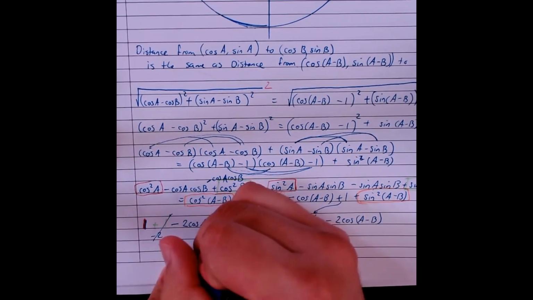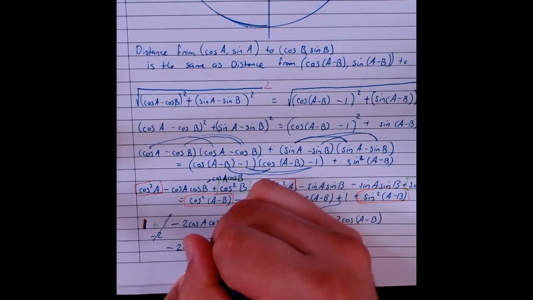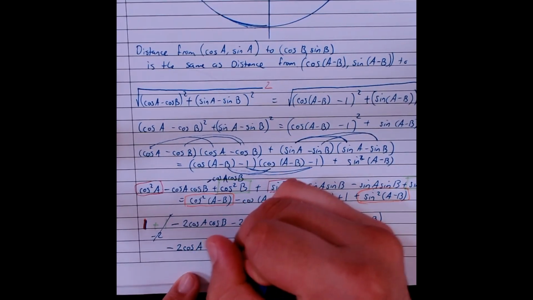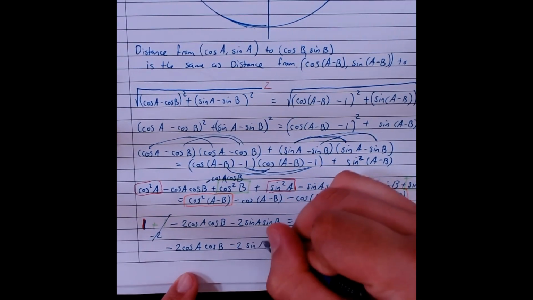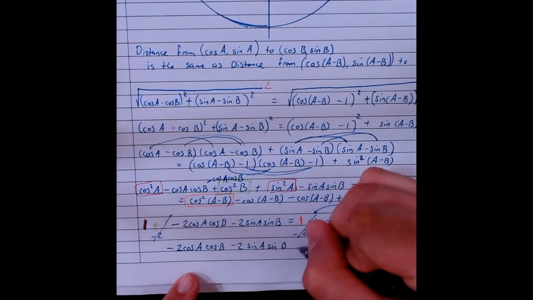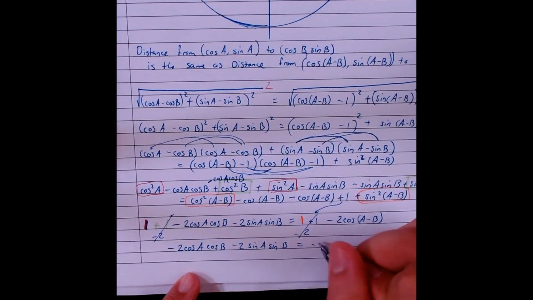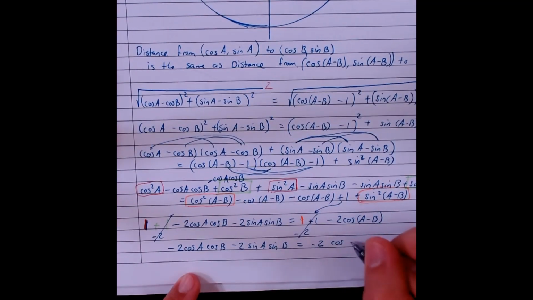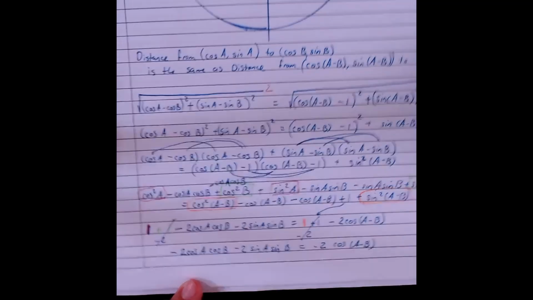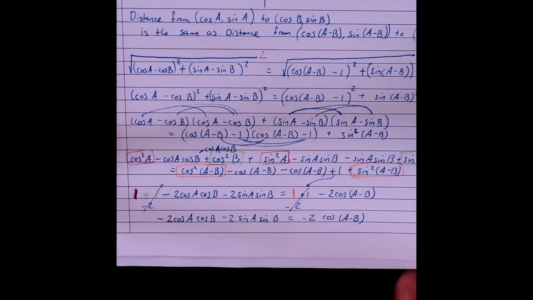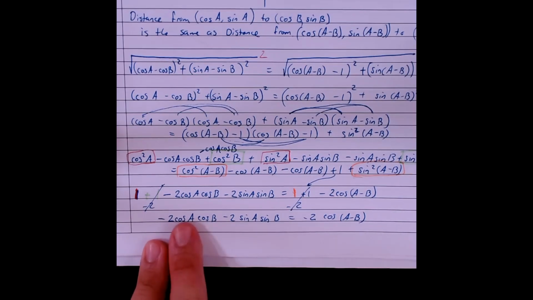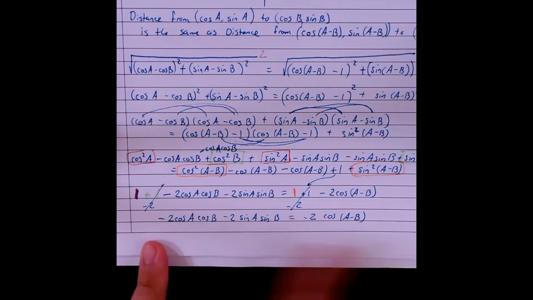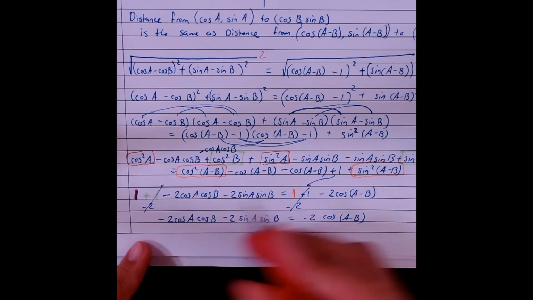So what I'm left with is negative 2 cosine of A cosine of B minus 2 sine of A sine of B is equal to negative 2 cosine of A minus B. And finally, notice that I have the number negative 2 as a factor of each of these terms across both sides. So let me go through and divide both sides by negative 2.